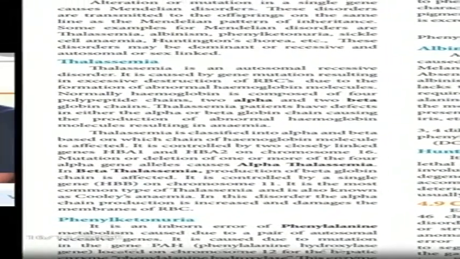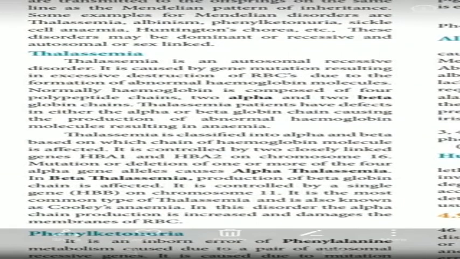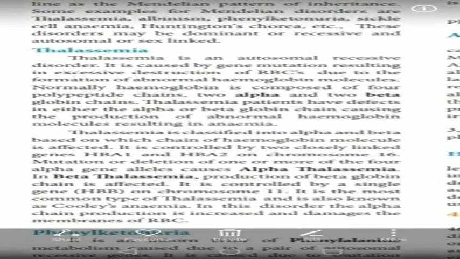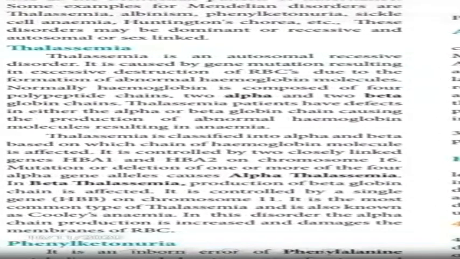Among them, 44 chromosomes are similar whether male or female. The remaining 2 chromosomes are called allosomal chromosomes. In those 44 chromosomes the recessive genes will be there, and because of those recessive genes, thalassemia disease comes.